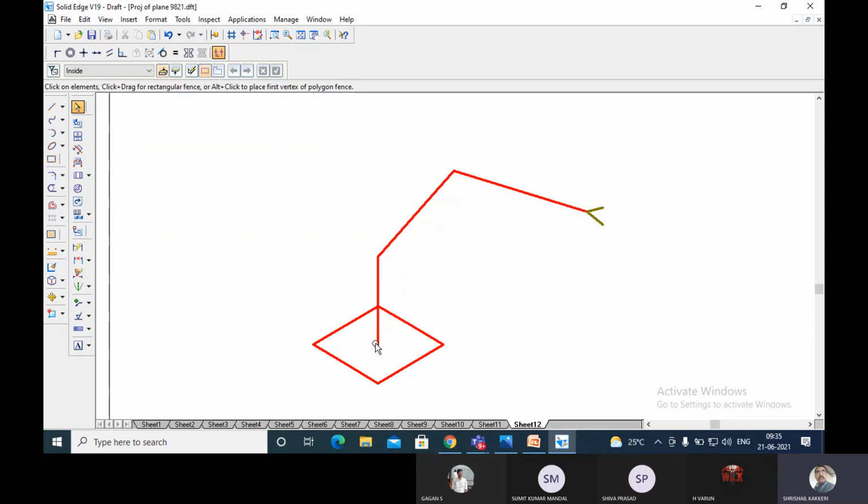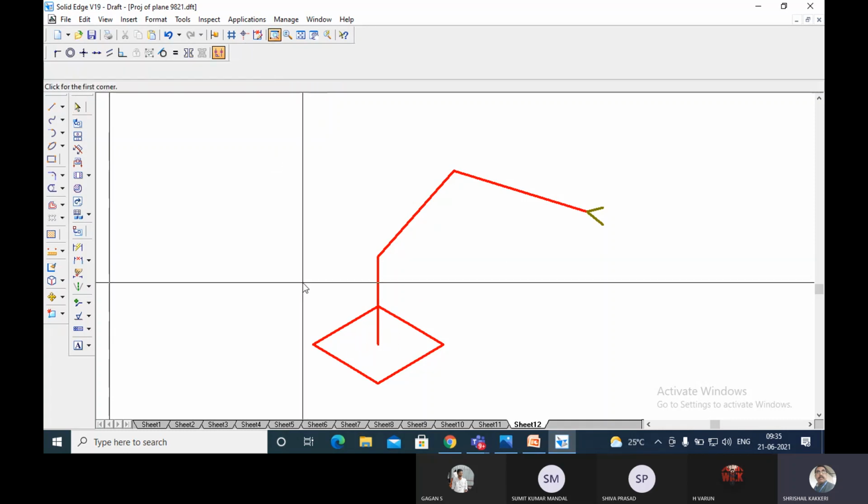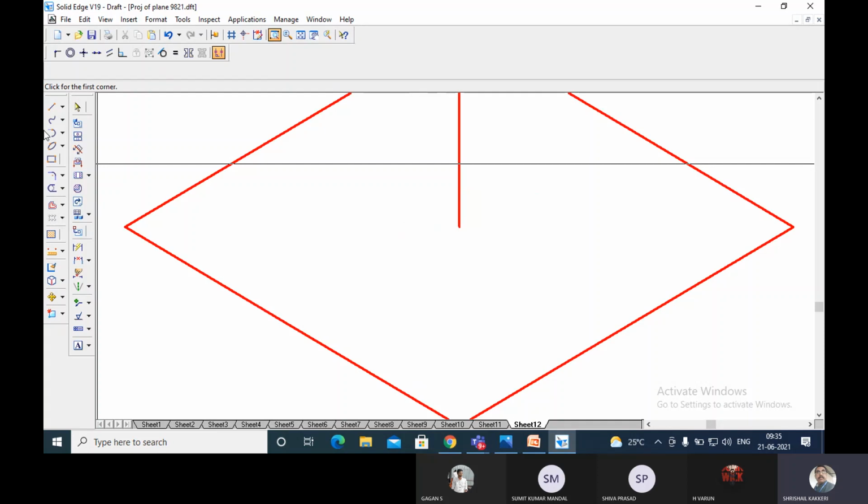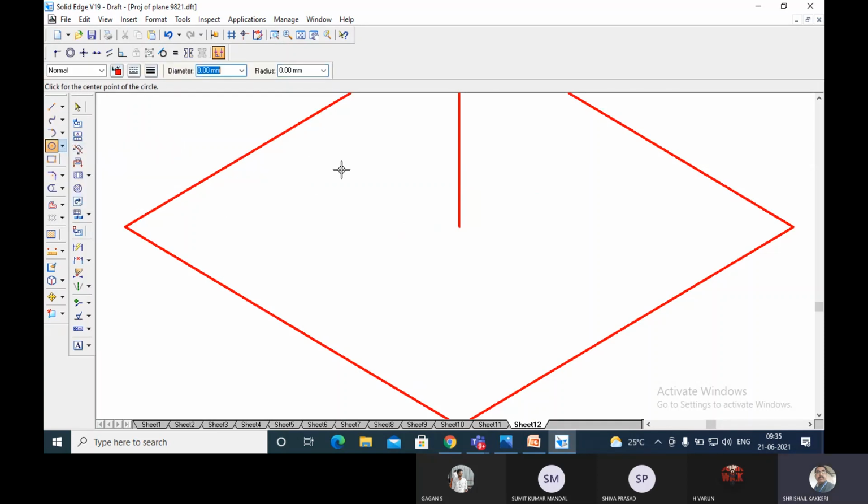Here also it has rotation, and here also I'll show how the rotation will be. That's all. You need not waste too much time to write it.